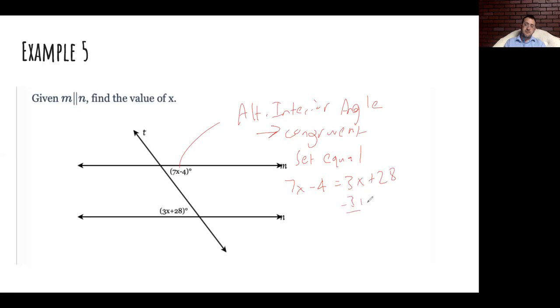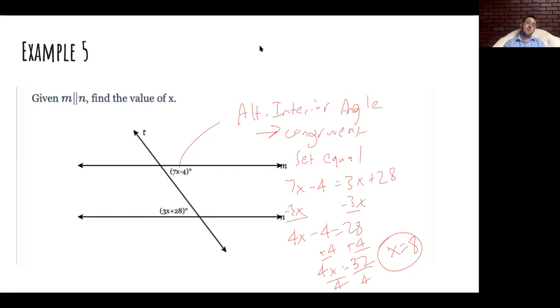And I'm just going to subtract 3x. Add 4 to both sides. So I'm going to get 4x is equal to 32. And it's just asking for x, but if it did ask you for a particular angle, you could plug that x back in and check your work.